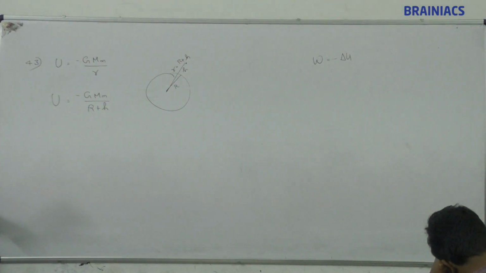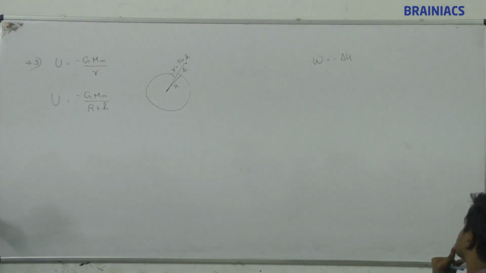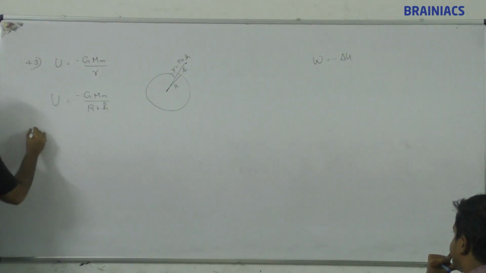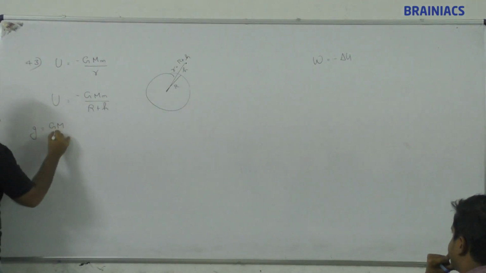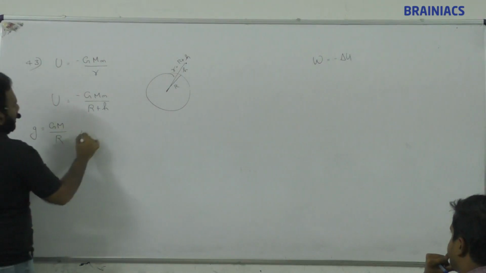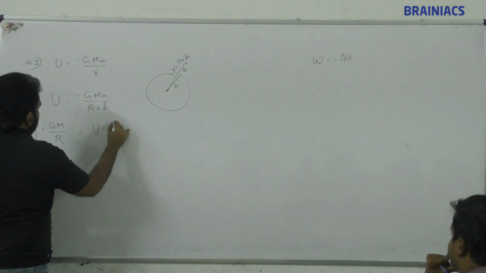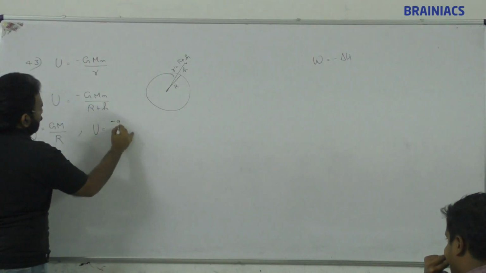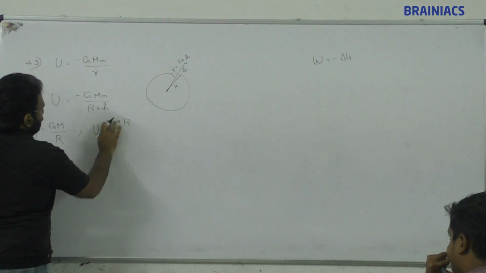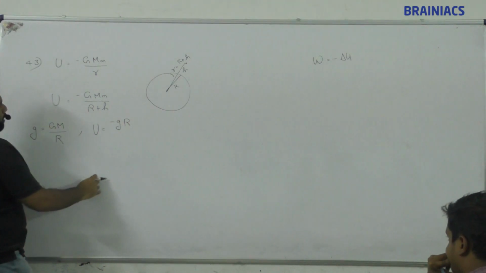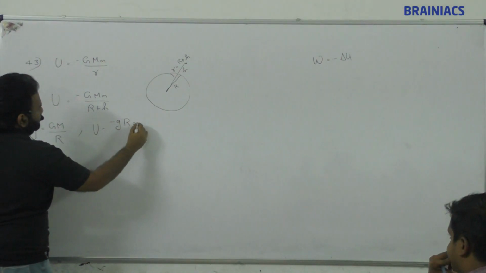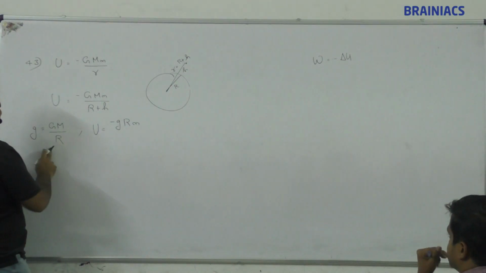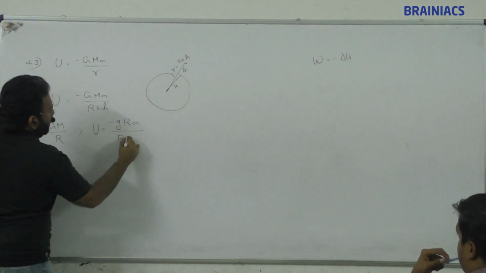Now what is the question? In the question they have kept the object at a height equal to the radius. Now what is GM, children? GM by r, so I can write this as minus g r m divided by r plus h.